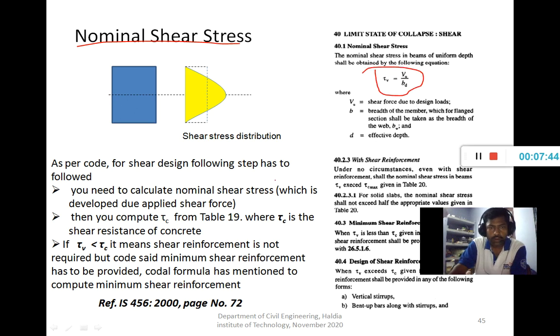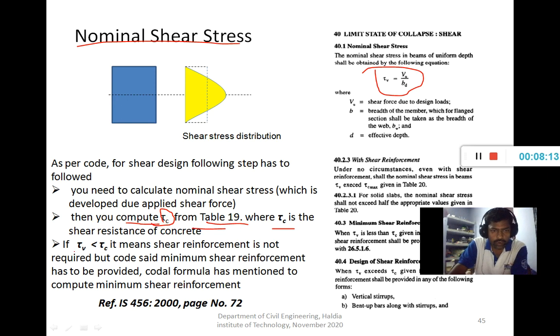Then you compute tau c from Table 19, where tau c is called the shear resistance of concrete. The capacity of the concrete that we calculate is denoted by tau c, which is given in Table 19.